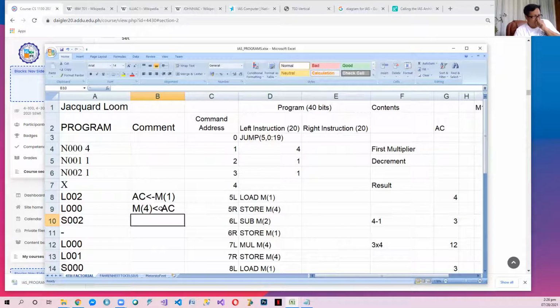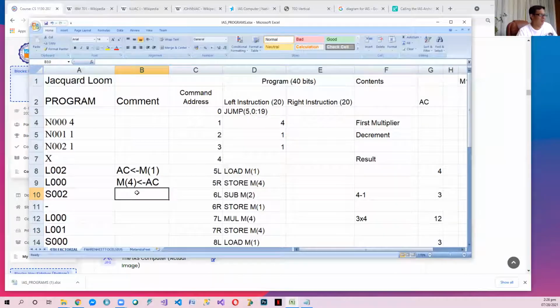Do you follow? What do we mean when we say sub M2? This is called the micro instruction. We just assign it as a comment here. What do we mean by sub M2? We mean AC receives AC minus M of 2.